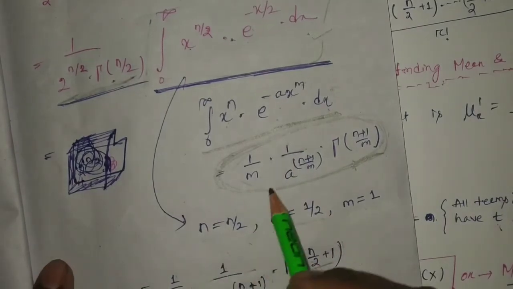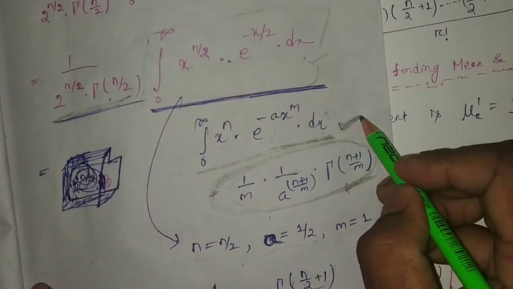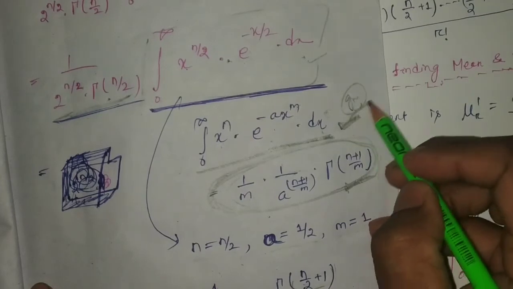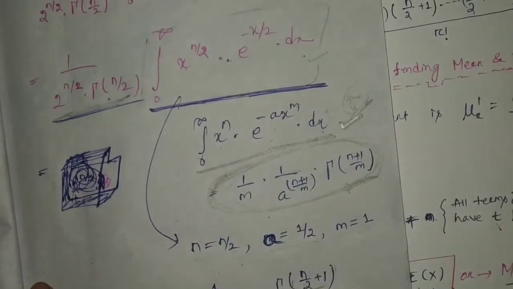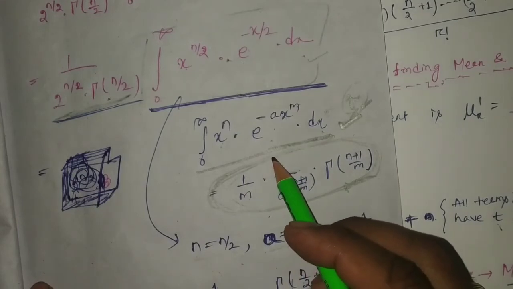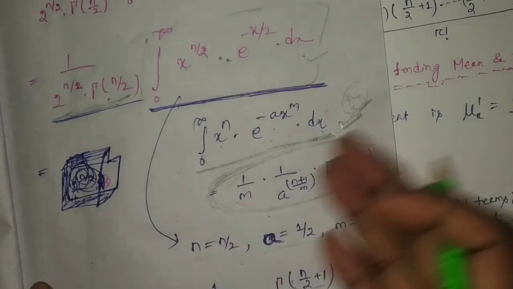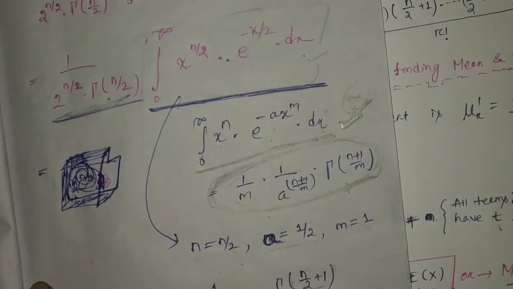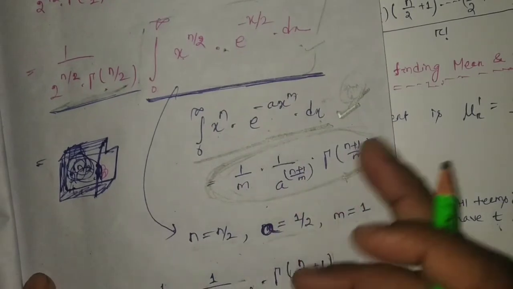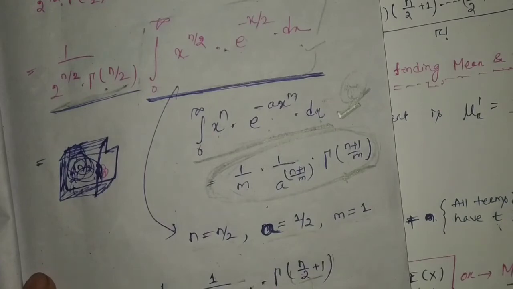This is a very famous formula about the gamma function, and I suggest you always remember this integration. Many times you will find this integration required in mathematics and physics derivations. It is very useful, right?